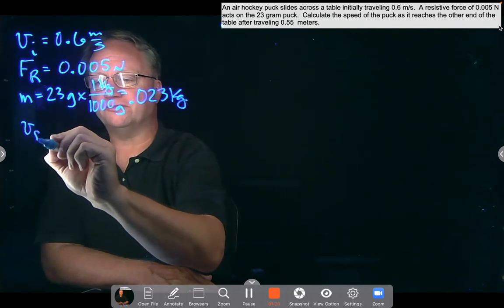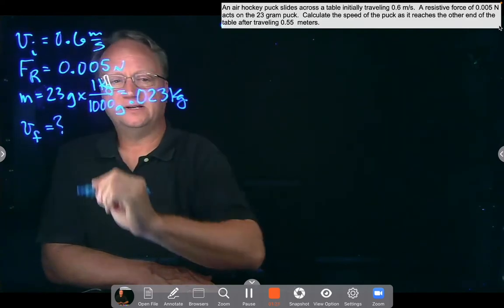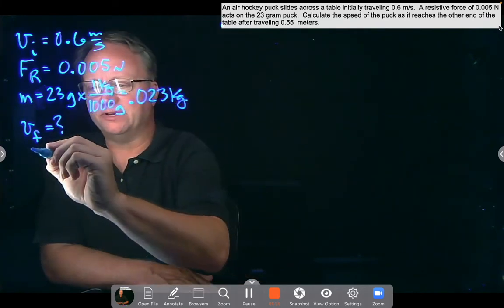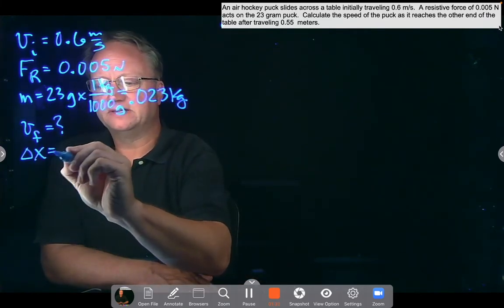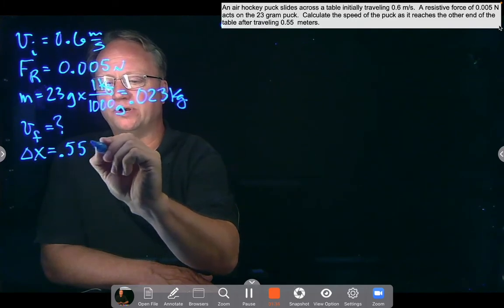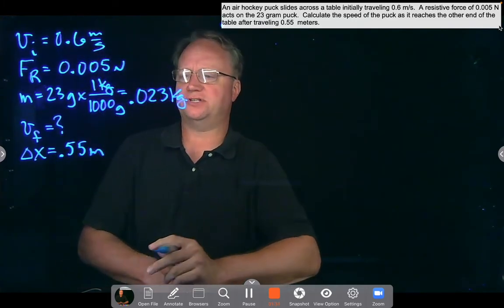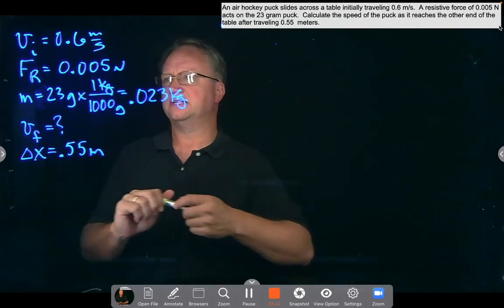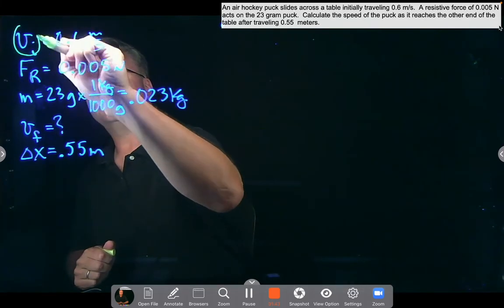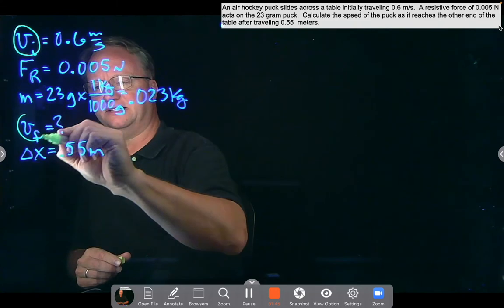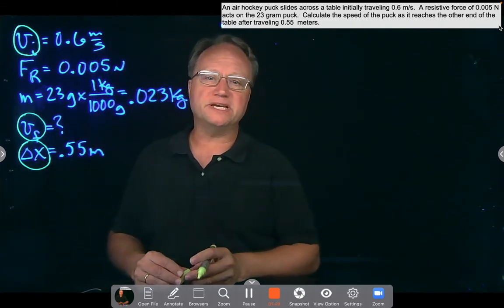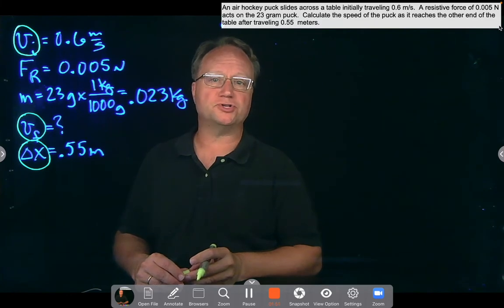Let's see, we want to calculate the speed. So we're looking for VF when it has reached the other end of the table that is 0.55 meters away. So delta X is 0.55 meters. Looking at what we know here, I see VI, VF, and delta X. Those things immediately suggest that we're going to use a motion equation.